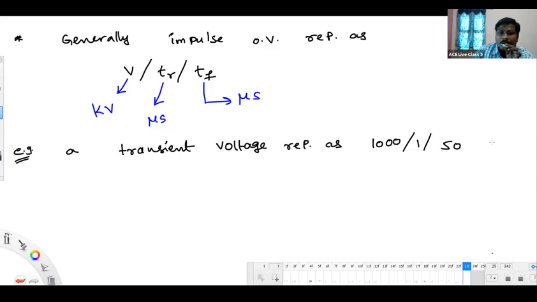You have to understand that on your own. And you should say peak voltage 1000 kV, rise time 1 microsecond, fall time 50 microseconds. Like this you can say. Okay. Done. Next.